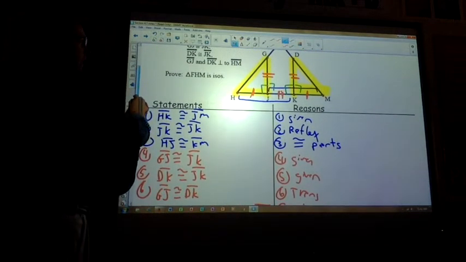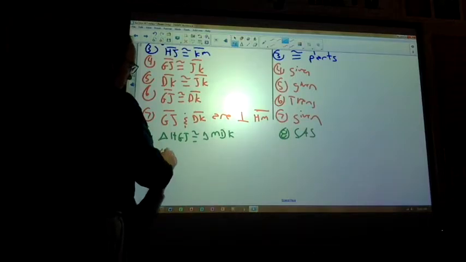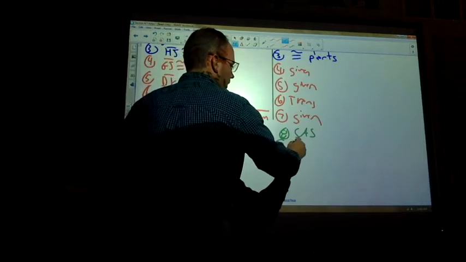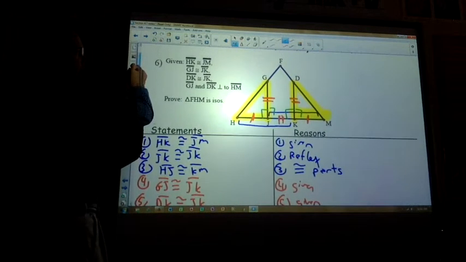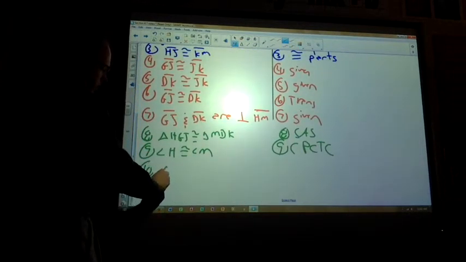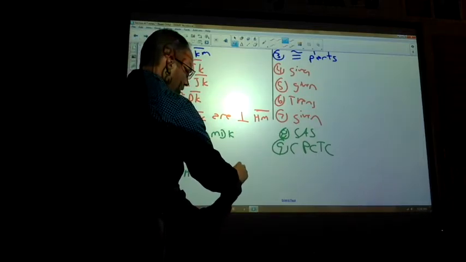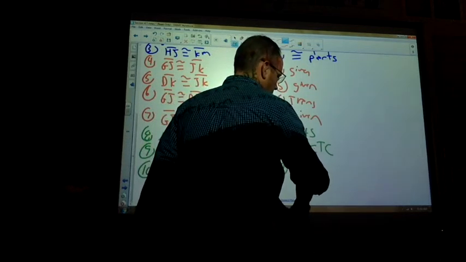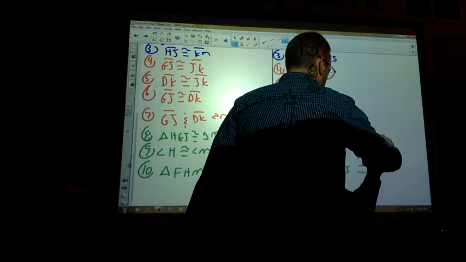And then we can say that angle H is congruent to angle M. CPCTC, because we've proven it. And being that those are base angles, that will tell us that triangle FHM is isosceles. Base angles congruent. Done.